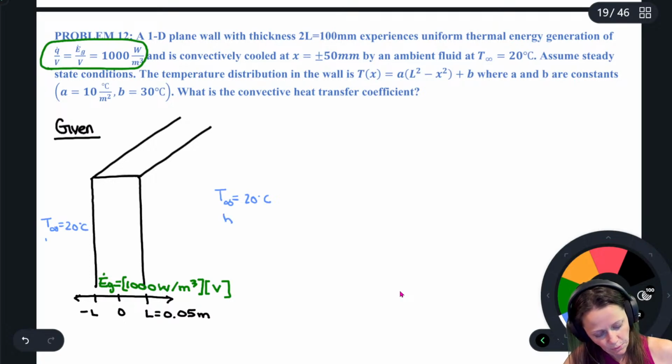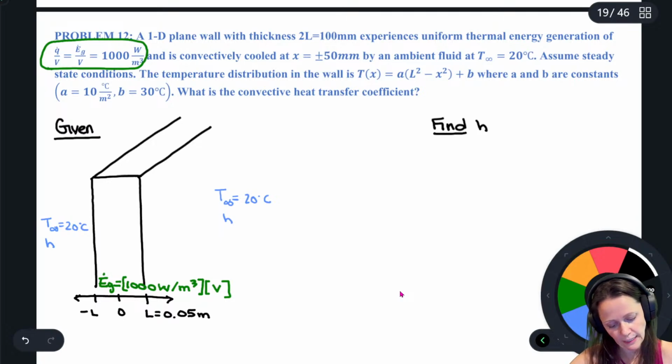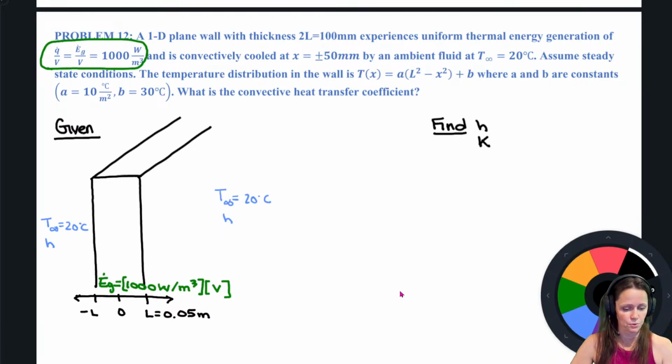Same H value, although we're not given what that H value is. That's actually something that we need to find. So we need to find the convective heat transfer coefficient. And we're also going to need to find K to do this anyway. So I'm going to throw that on there as something that we need.